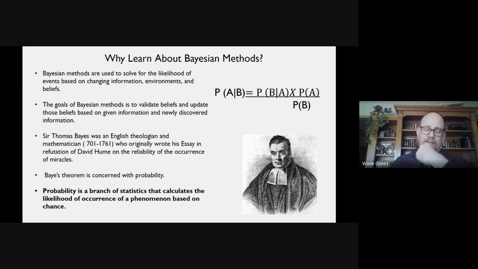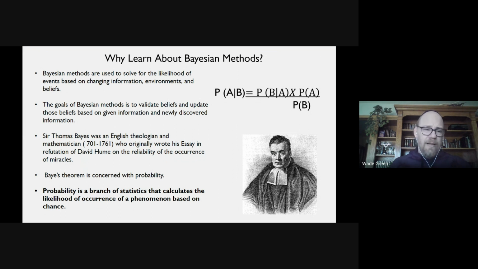He essentially got into a bit of an ideological throwdown with a guy called David Hume, on unreliability. David Hume was another philosopher of the time, who was attempting to refute miracles, and Bayes, as a theologian, devised his Bayesian approach to probability to originally refute David Hume, right?